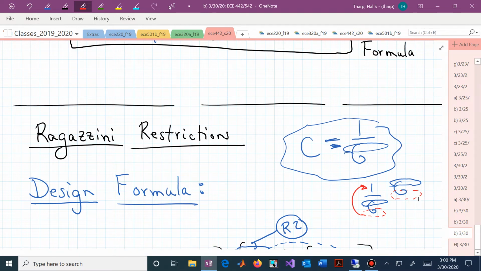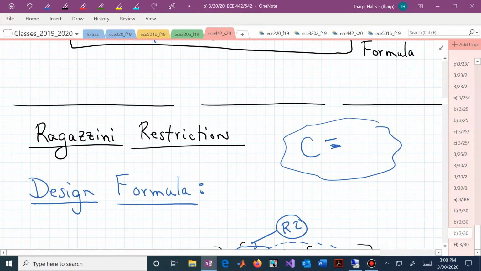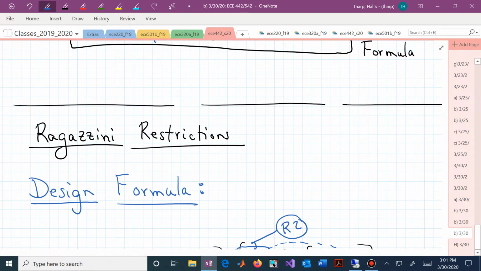And we do not want that. We know from our discussion before, to have an internally stable system, we need no unstable pole zero cancellations between our plant and controller.